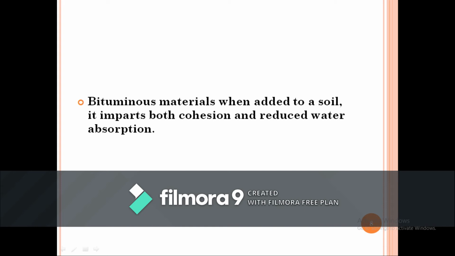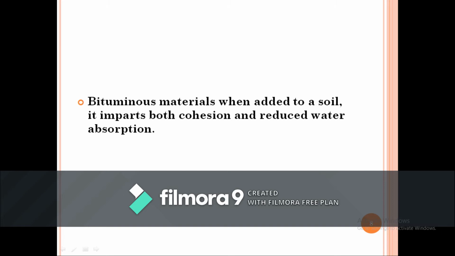Now what is the main property of bituminous material? The main property of bituminous material is expulsion of water. When bituminous material is added to soil, it imparts both cohesion as well as reduced water absorption.